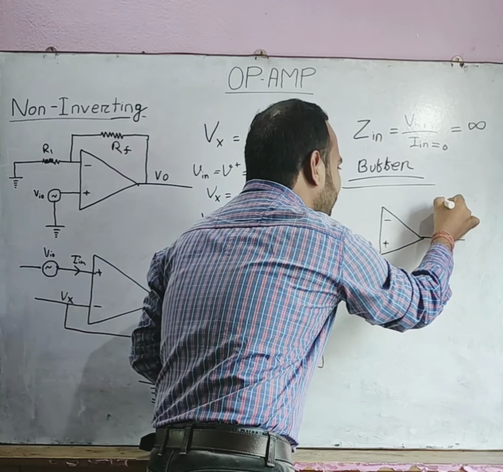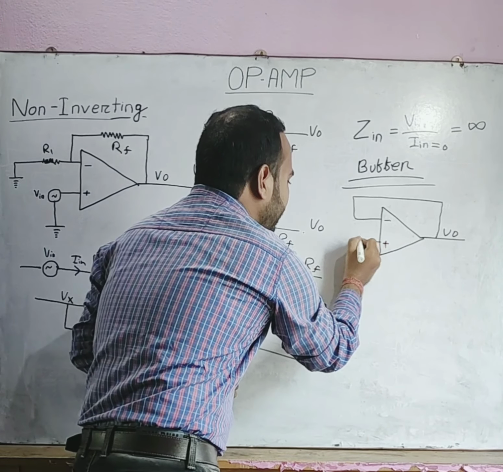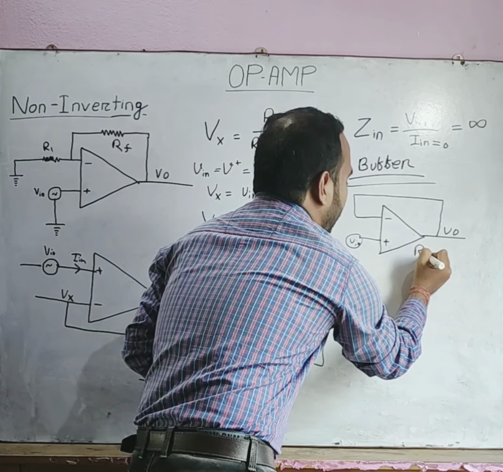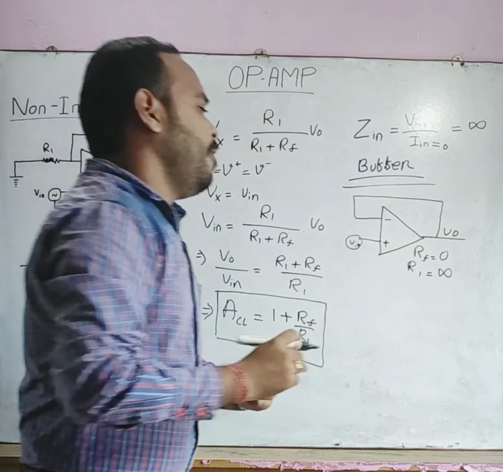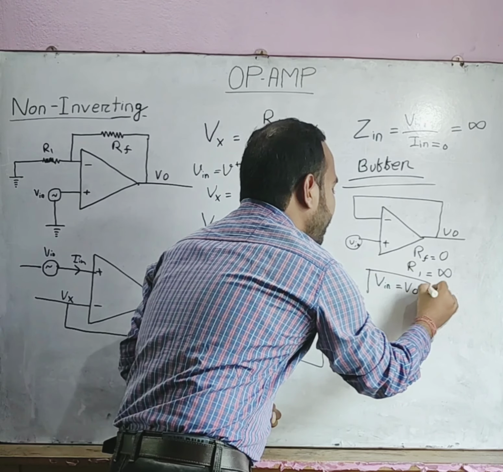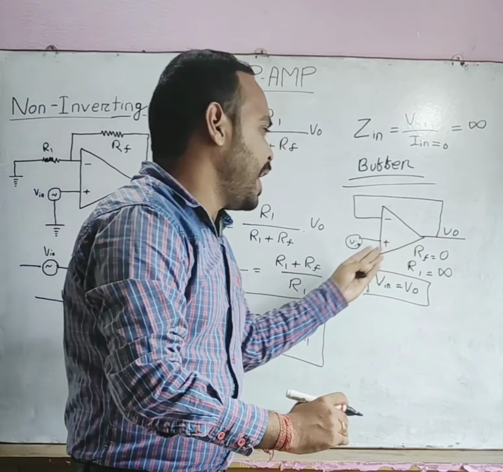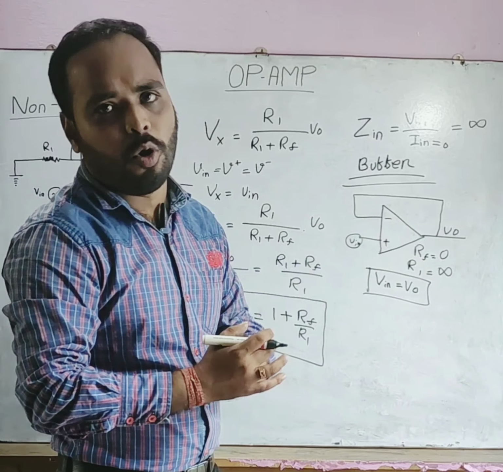The output signal is directly connected to the negative terminal and the input is applied here. And in this case, we get RF equal to 0 and R1 equal to infinite. And when RF equals 0 and R1 equals infinite, we get that V input will be equal to V output. That is, whatever input we provide to the op-amp, the same output will be obtained, and hence this is called a voltage follower.